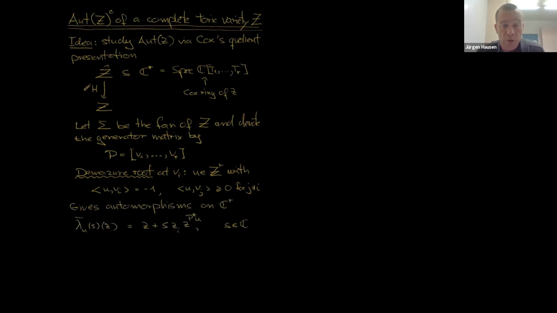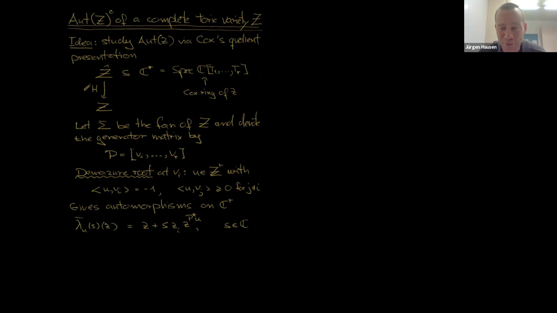Any such root gives immediately rise to an automorphism on C^r, even a family depending on the parameter s. It sends a given z to z plus s times zi, where I should say what I mean by zi.